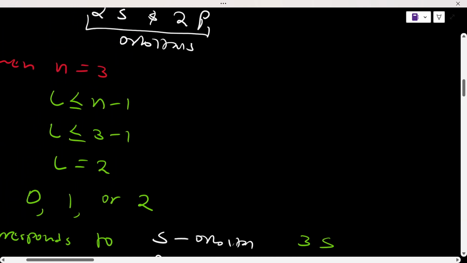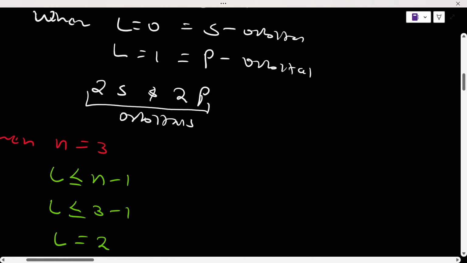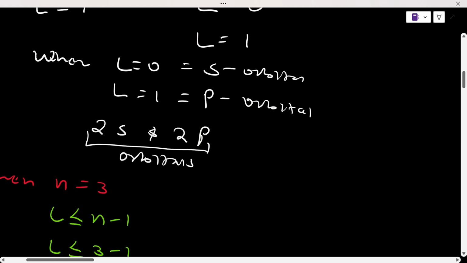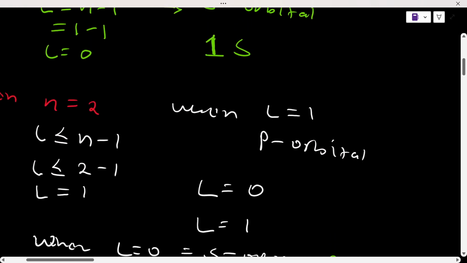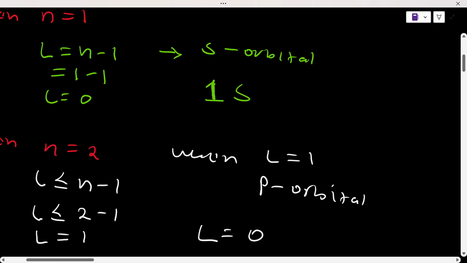I already said that here we are having 2s and 2p. And lastly, here we are talking about 1s.